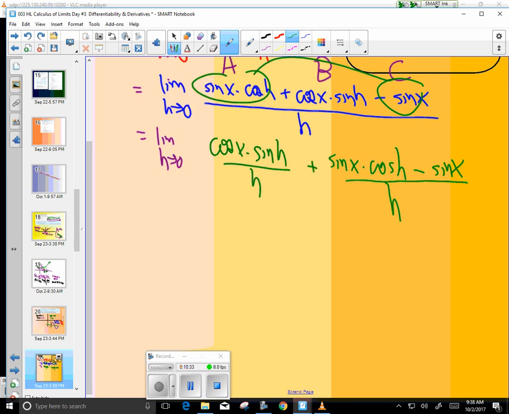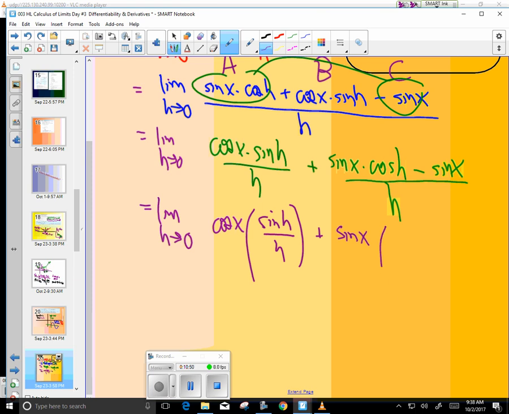All right, I think we better do one more step here. Limit h approaches 0. Cosine x times sine h over h. And then what do you think I'm going to pull out in front here? Good. Sine x times cosine h minus 1 over h.